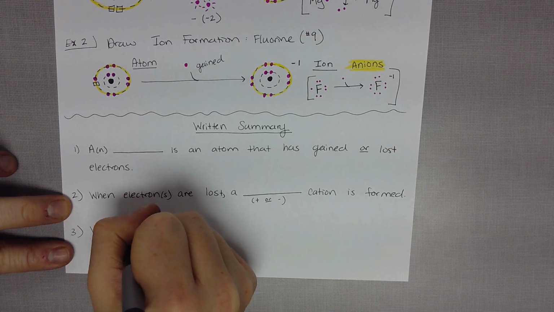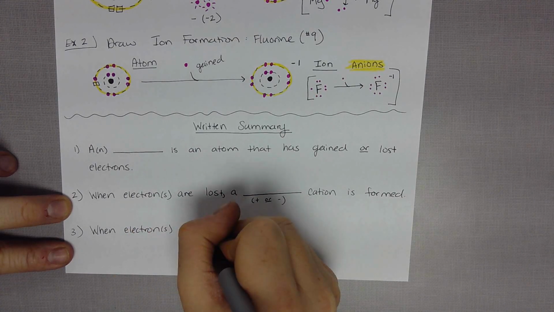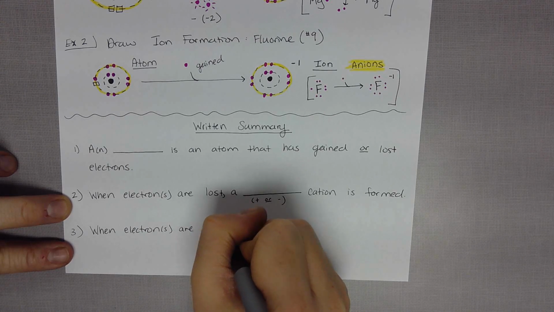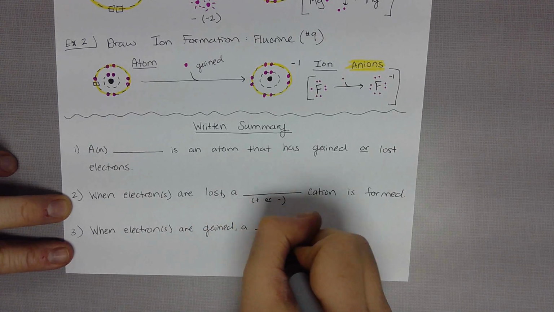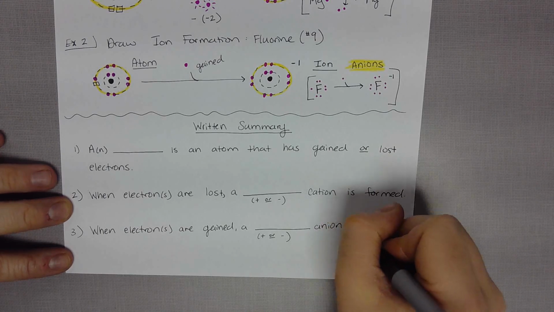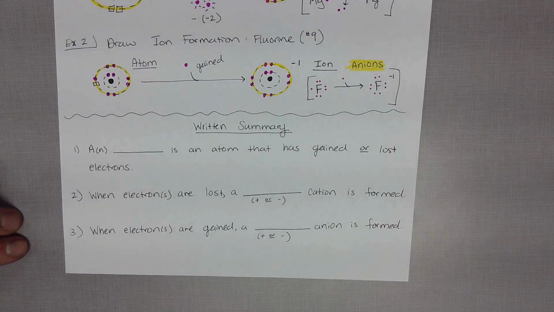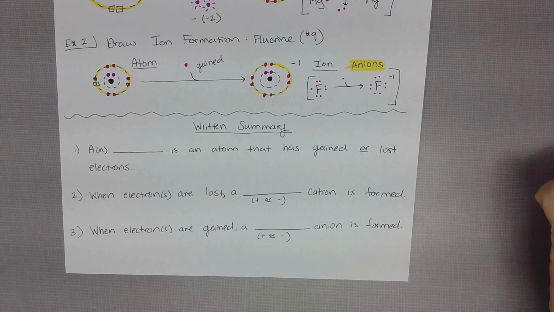When electrons, singular or plural, are gained, a positive or negative anion is formed. Okay? So use the video and your notes above to fill in the blanks to these 3 questions.